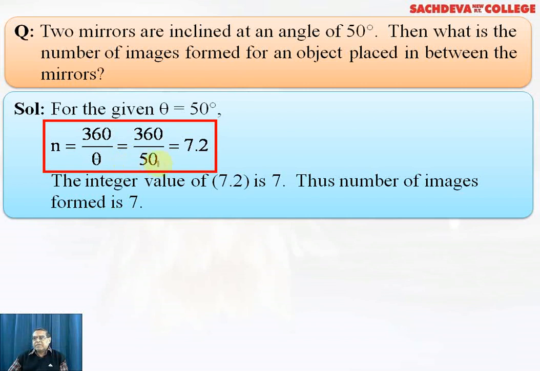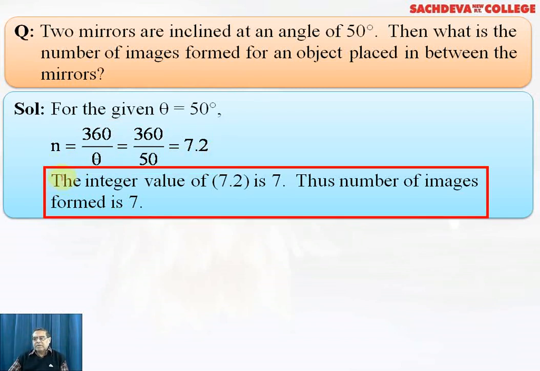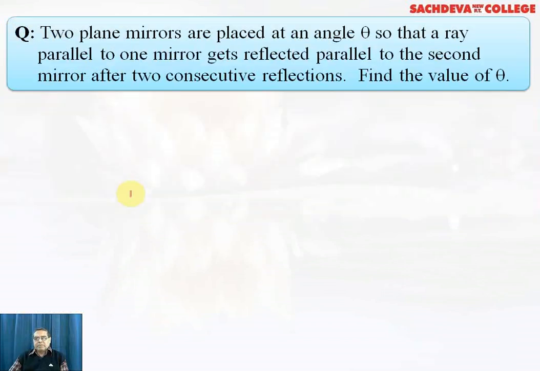Theta is 50 degrees according to the question. So 360 divided by 50 becomes 7.2. So the number is close to 7. We can say that the number of images formed will be nearly 7.